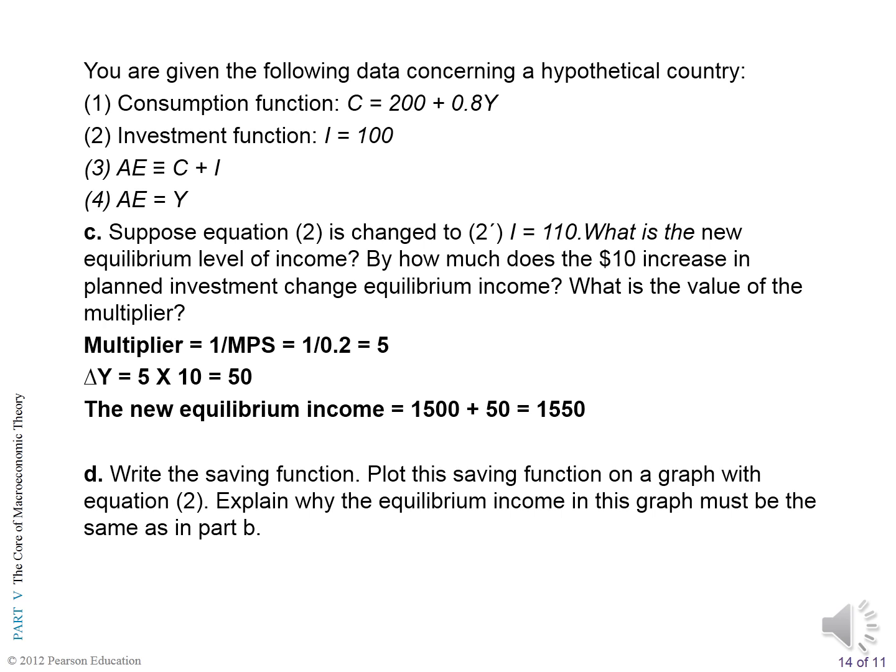So let's derive saving: S equals negative 200 plus 0.2Y. Okay, if I say this equals investment, the condition of equilibrium, this equals investment of 100. Solve for Y, and Y equals 1500, as we found before.